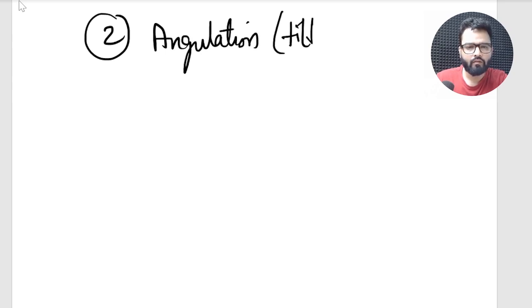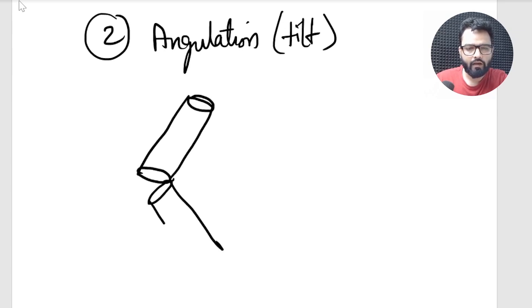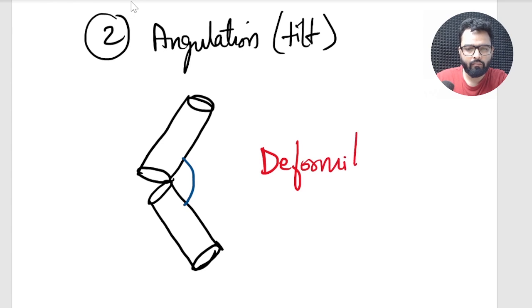or tilt, in which the bony fragments are lying at an angle to each other. This is the angle. If the bone heals in this position, then it will produce a deformity in the limb.